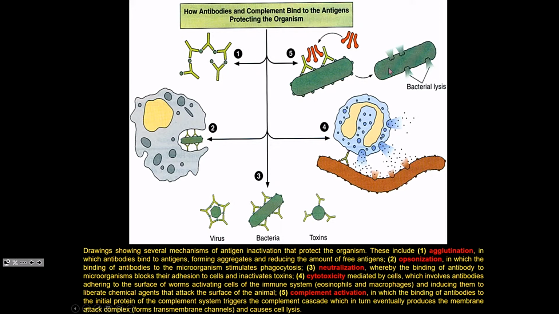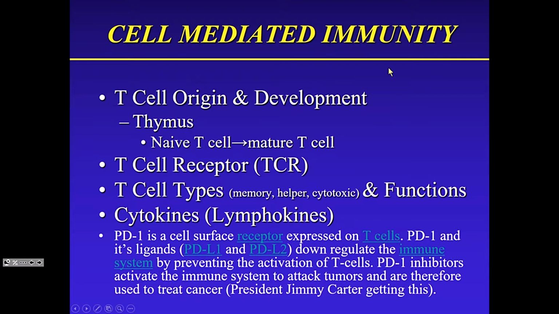So there's 5 different ways in which antibodies can promote the humoral response to destroy foreign pathogens that may be invading the body. Okay, so that was B cells and humoral immunity producing antibodies.